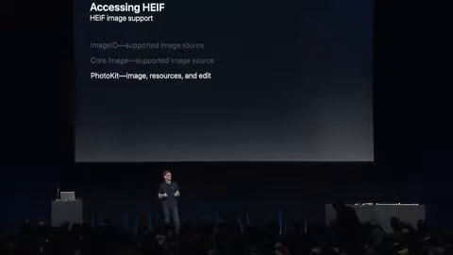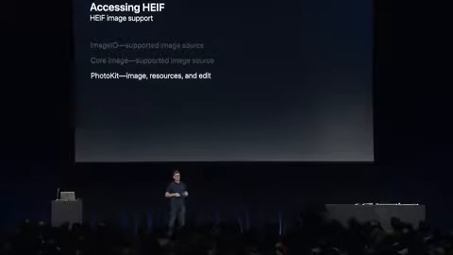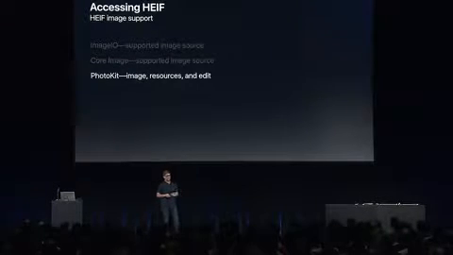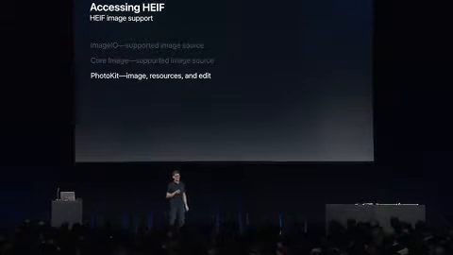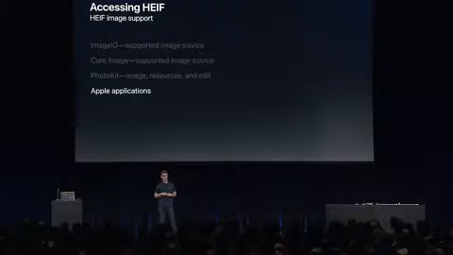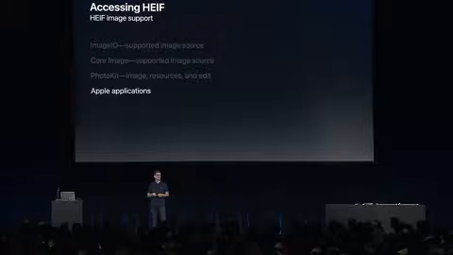And the PhotoKit APIs, which allow access to assets in the photo library, also support direct access to HEIF. But I'll talk about this framework in a little more detail in the coming slides. Many of Apple's media-based applications will also natively work with HEIF. Notable amongst those are Photos, Preview, Quick Look, but there are also many others.